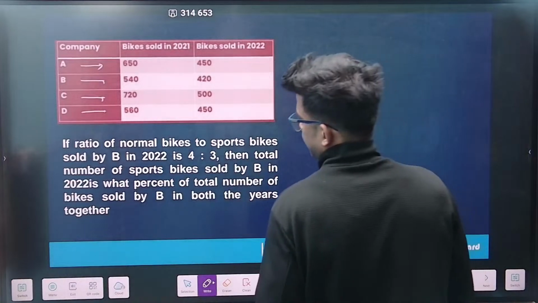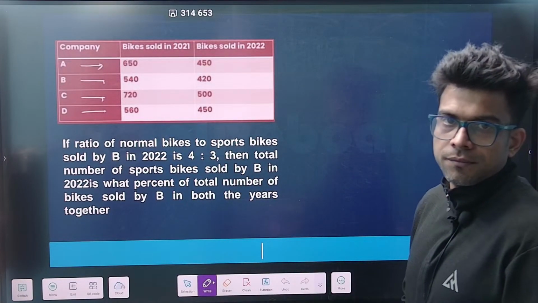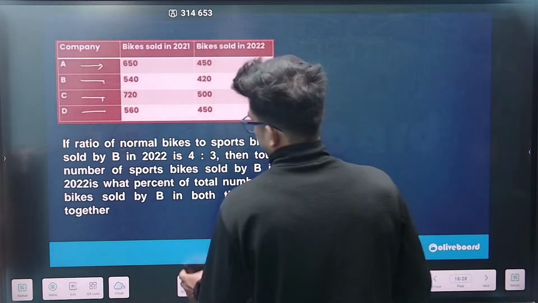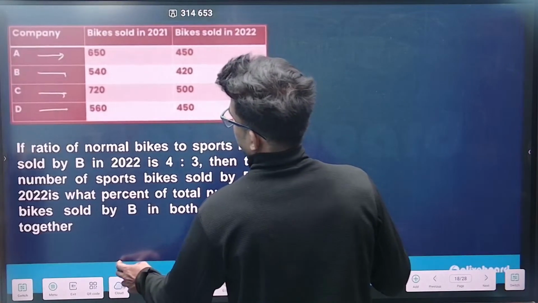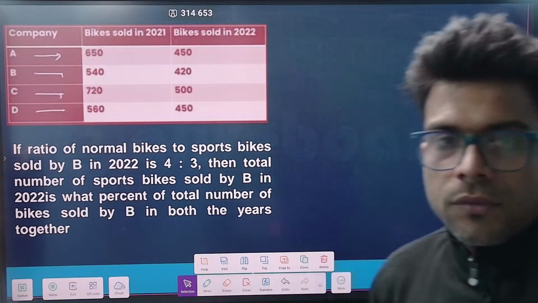Now come on. Can you answer this? Let's see how many of you can answer. Again, the question starts with the if.